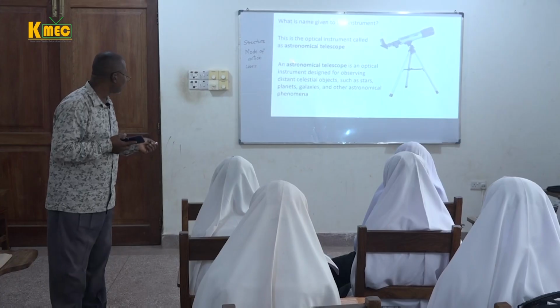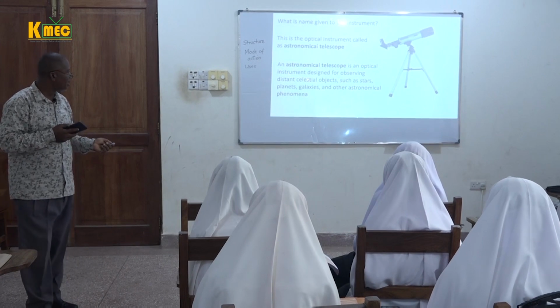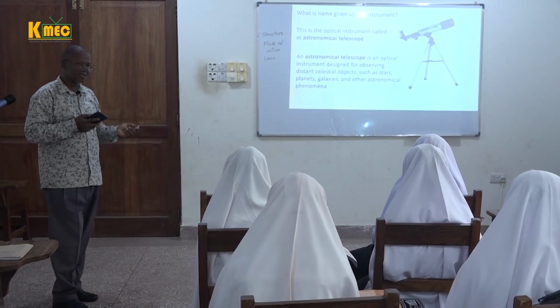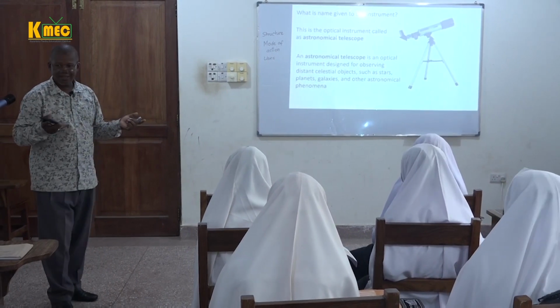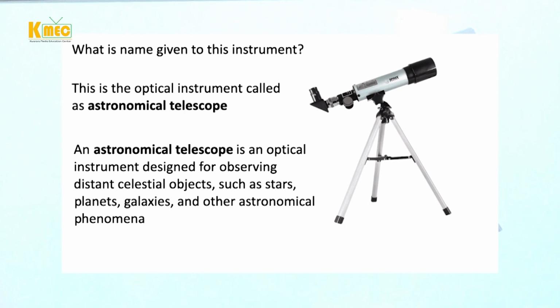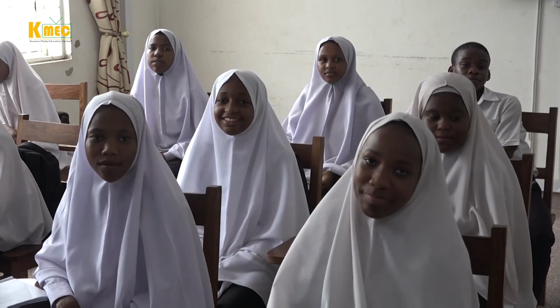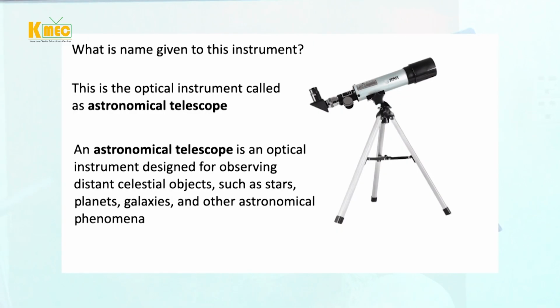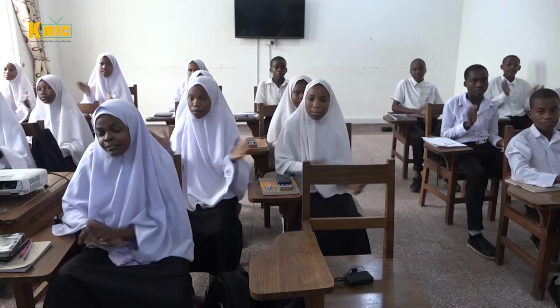It is designed for observing distant celestial objects such as stars in the sky, the planets, galaxies, which are collections of stars in the sky, and other astronomical phenomena. Okay, well, good. Clap for yourself.